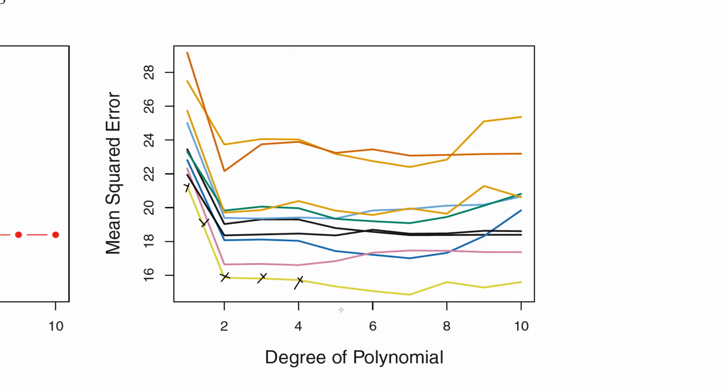we're going to exclude. Once you've made that decision, you take the remaining data, the training data, you fit miles per gallon regressed on horsepower, once for horsepower to the 0, then horsepower to the 1, horsepower squared, until horsepower to the power of 10.